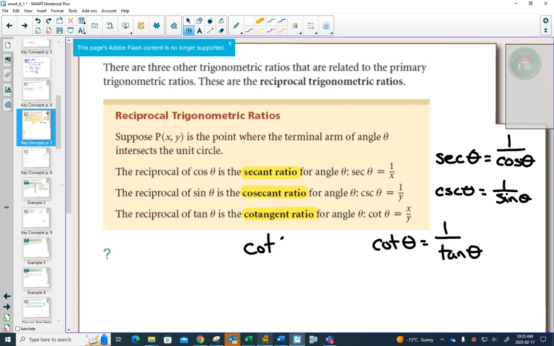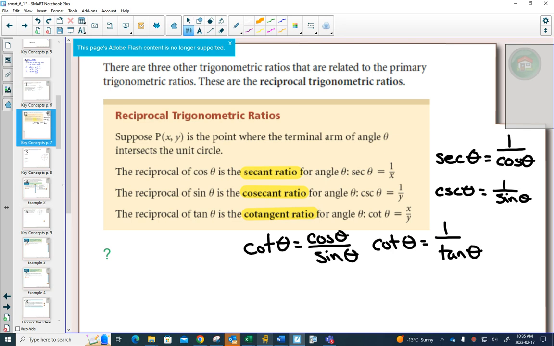And because our big idea for tan theta is tan is sine over cos, that allows us to say that cotangent, this could be a big idea. You could add this to big idea number 3.